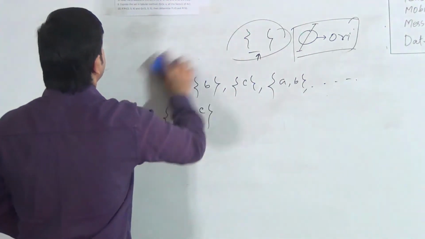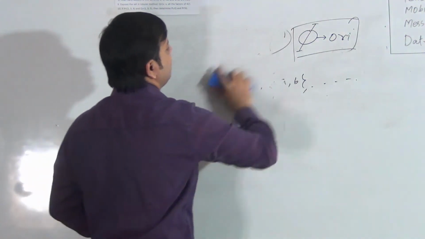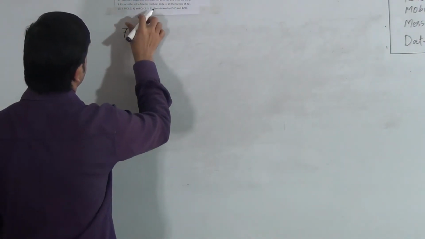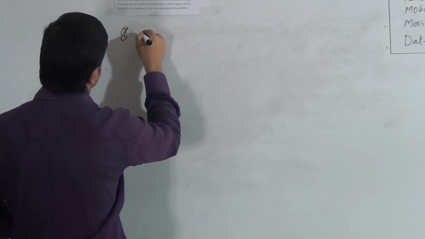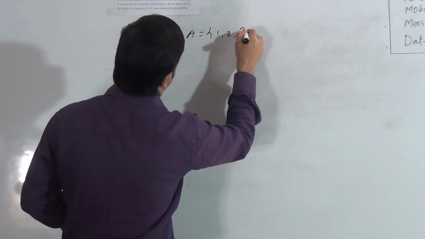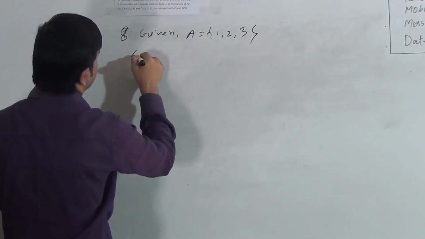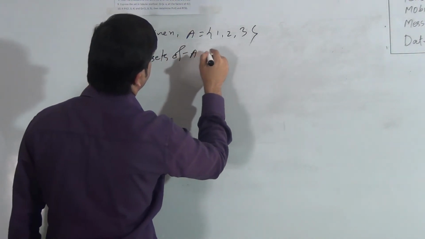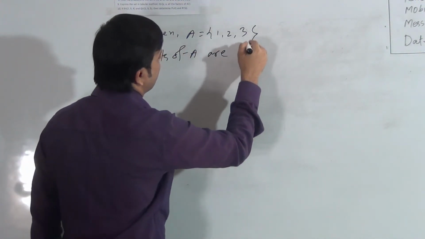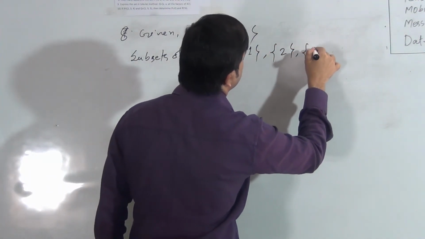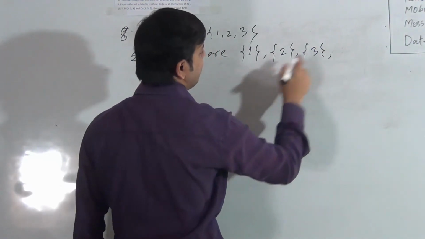So our given set is A. We can write the subsets of A at first. Question 8. Given the set A equal to {1, 2, 3}, what are the subsets of A? Take at first one element: {1}, then {2}, then {3}. Taking single elements, we will get 3 sets here.